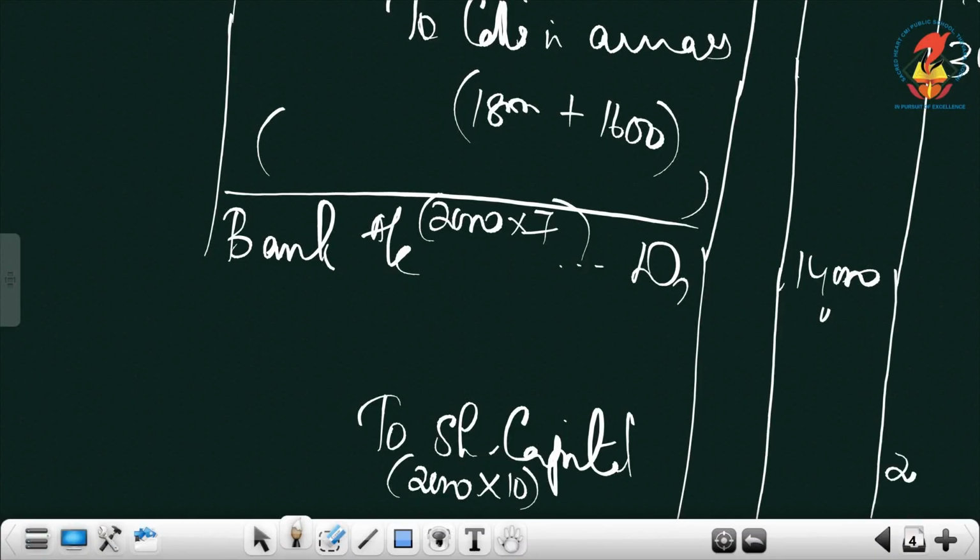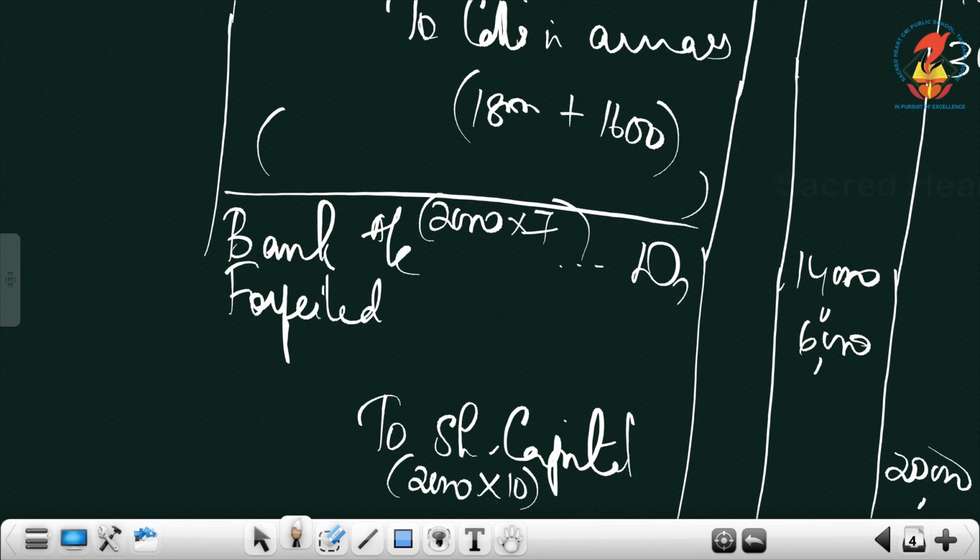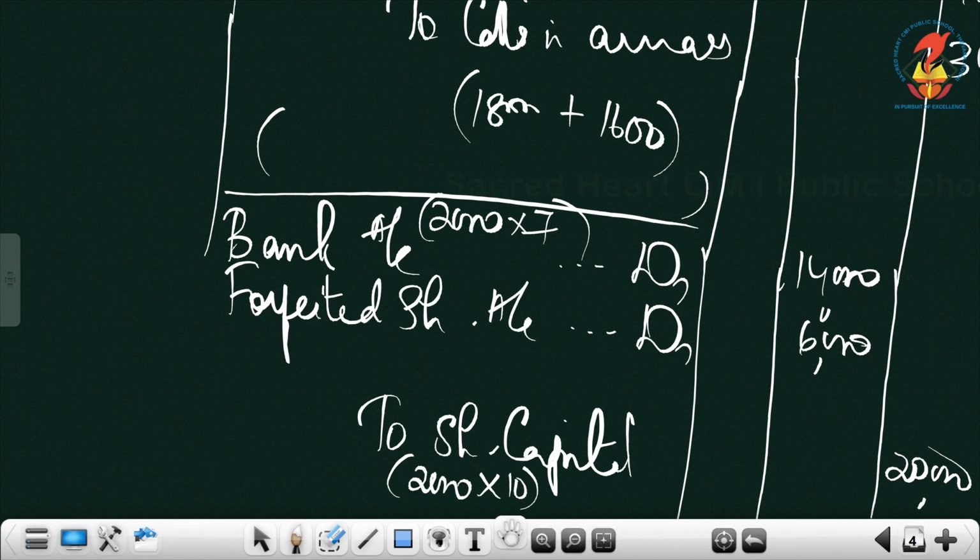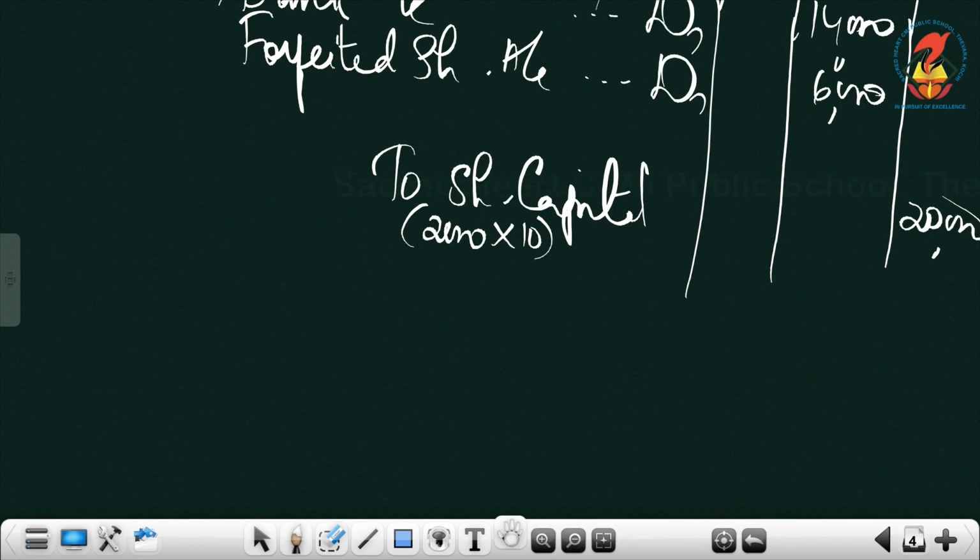So the credit side it is 20,000. There is a shortage on the debit side, 6,000, for which we will write forfeited shares account debtor. The next one we will write the balance to capital reserves.